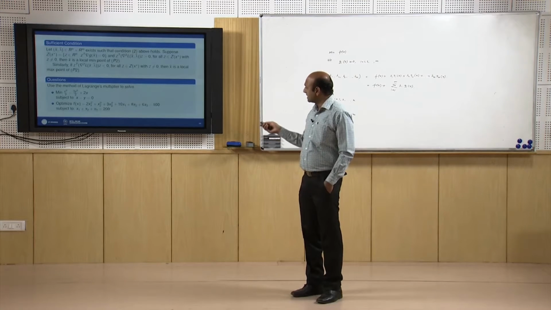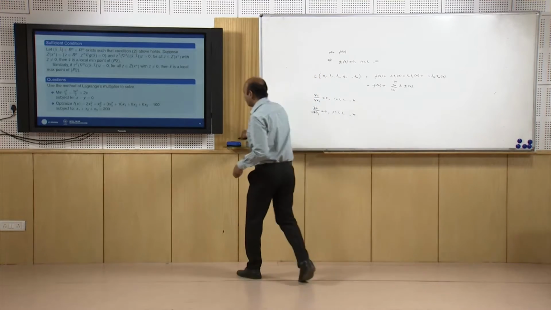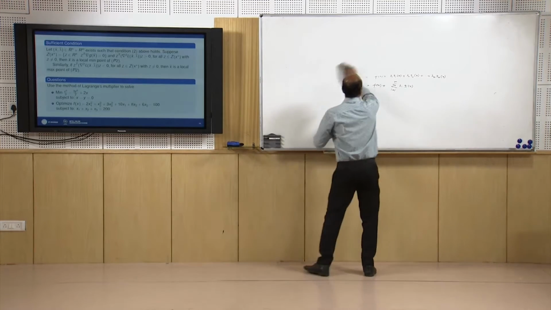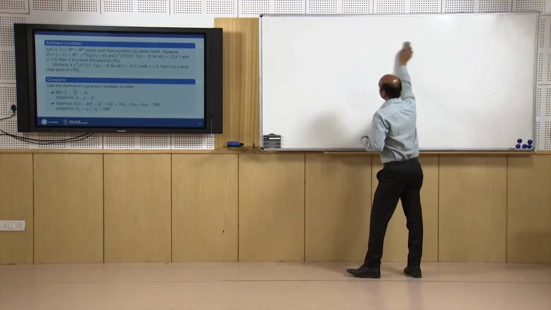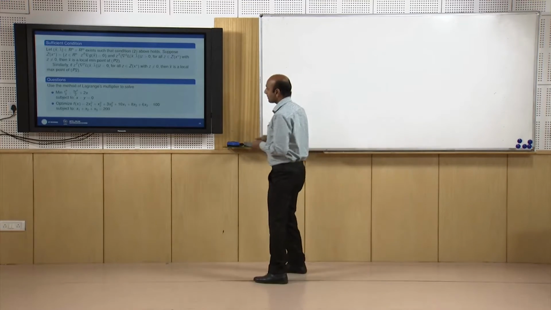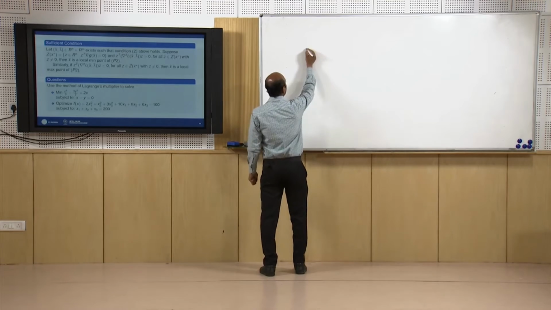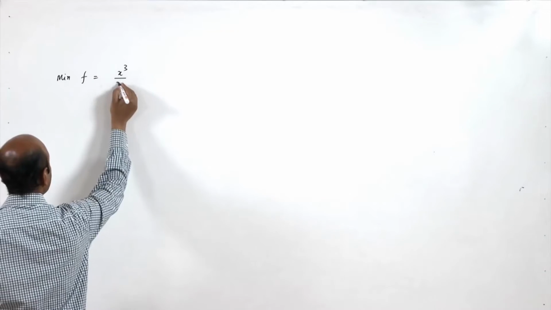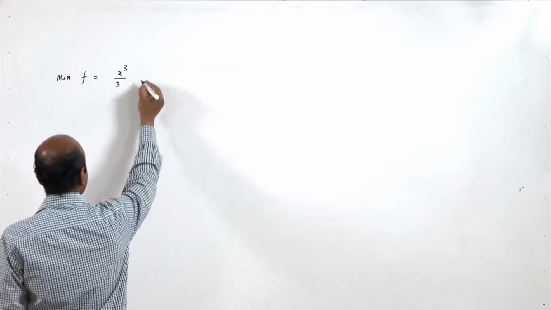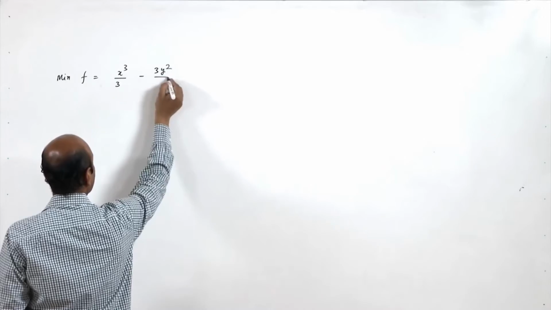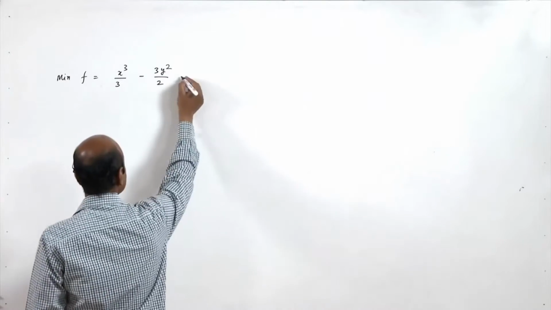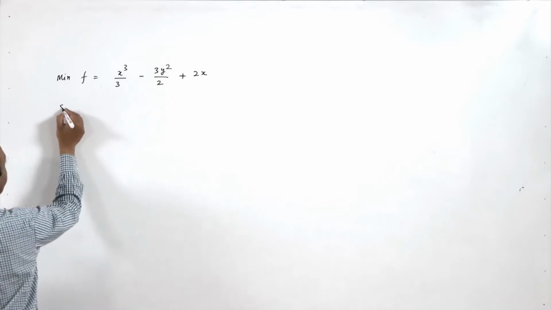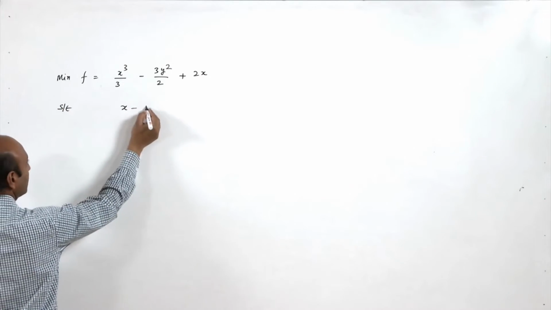So, let us discuss this condition with an example. The example will clear all these things. Suppose we have the problem of minimizing f equal to x cube by 3 minus 3y square by 2 plus 2x subject to x minus y equal to 0.